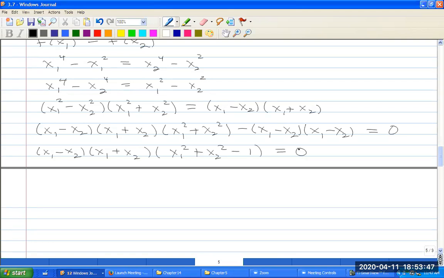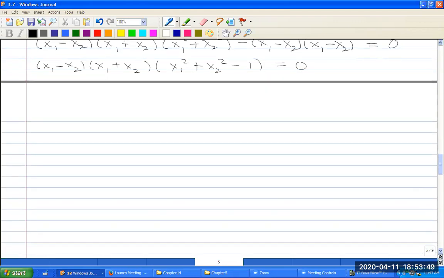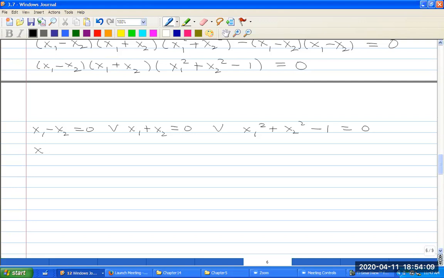Okay, so this says that x1 minus x2 is 0, or x1 plus x2 is 0, or x1 squared plus x2 squared minus 1 is 0. Here this says x1 equals x2, but here this says x1 is equal to negative x2.